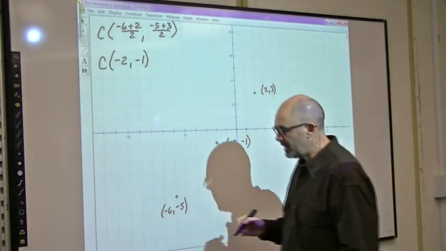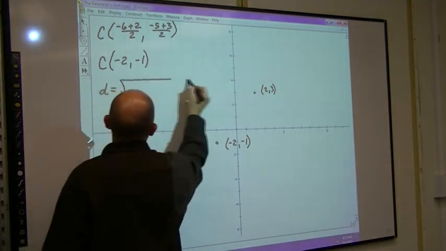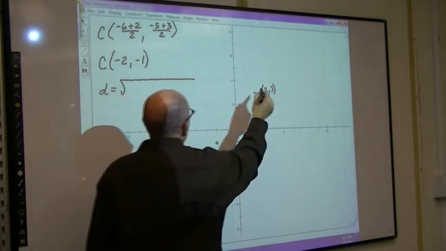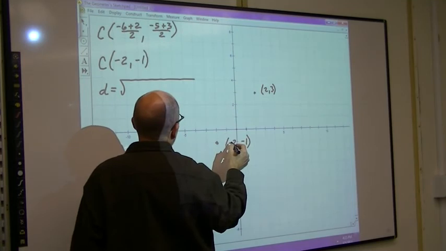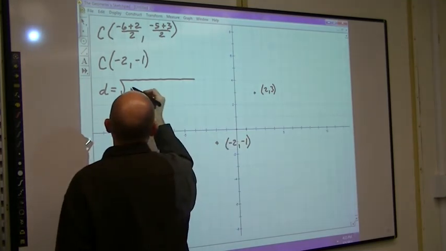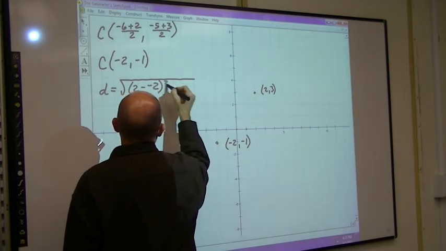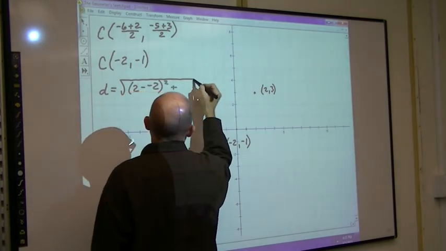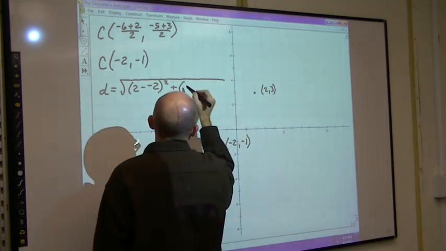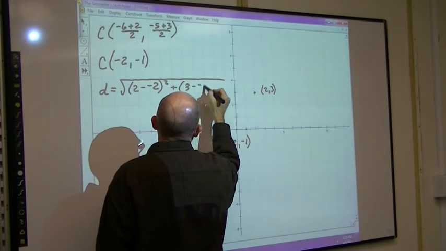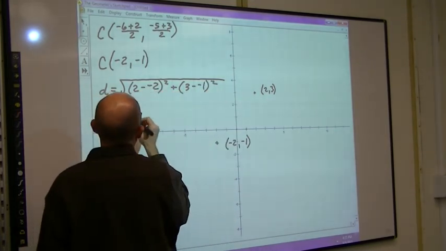Okay, so distance is going to be the square root of x minus x, so 2 minus −2 is 4, and the distance between the y's, 3 minus −1, is 4, squared.